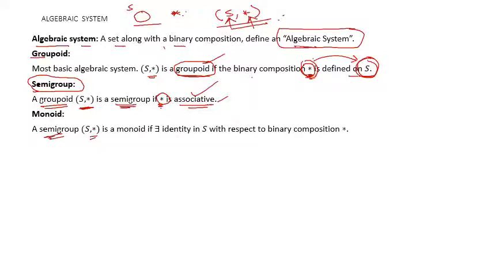Now it will be called a monoid যদি ওর মধ্যে আইডেন্টিটি এলিমেন্ট থাকে। আইডেন্টিটি এলিমেন্ট আমরা আগেই দেখেছি, identity element E belongs to S such that A star E equal to E star A equal to A for all A belongs to S. আইডেন্টিটির এই প্রপার্টি যদি থাকে, তখন আমরা বলবো যে S star will be a monoid.